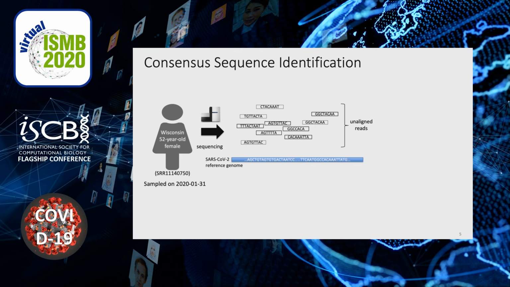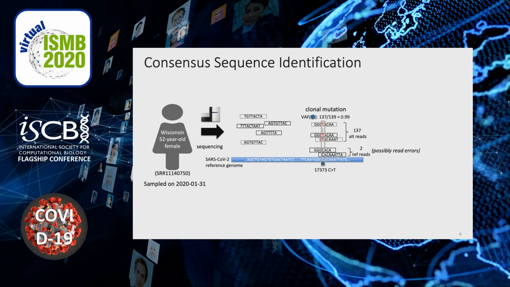Now, after sequencing, we obtain reads that are much shorter than the whole genome, and these reads first need to be aligned to the reference genome before we search for mutations, particularly single nucleotide variations with respect to the reference genome.